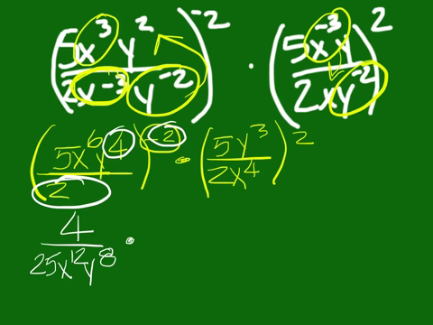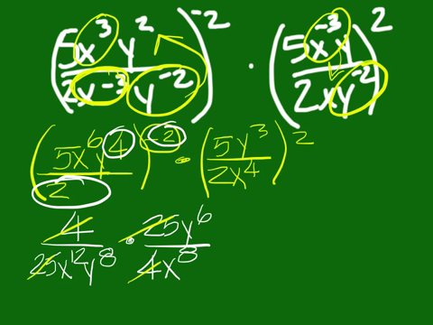And then on the right side, do I have to flip anything? What's 5 squared? 25. Y to the 3rd squared. 2 squared. X to the 4th squared. All right, can I cancel anything? What can I cancel? Yeah, the 25s and 4s are all gone.